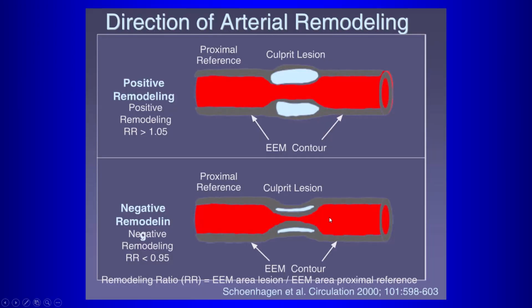So what happens is when we develop calcification of coronary vessels and atherosclerosis, often that calcification and atherosclerosis grows away from the lumen of the vessel.